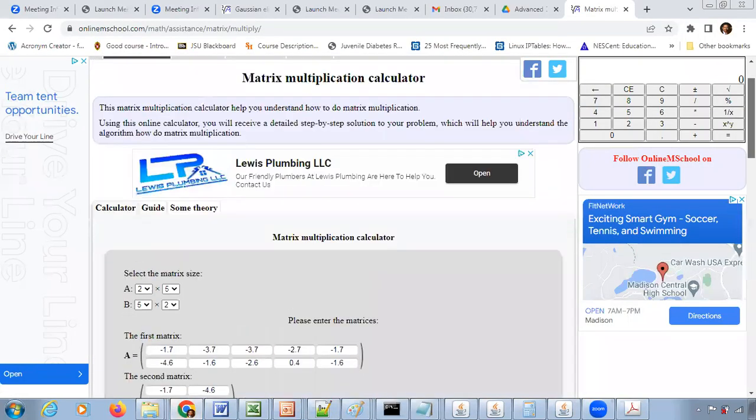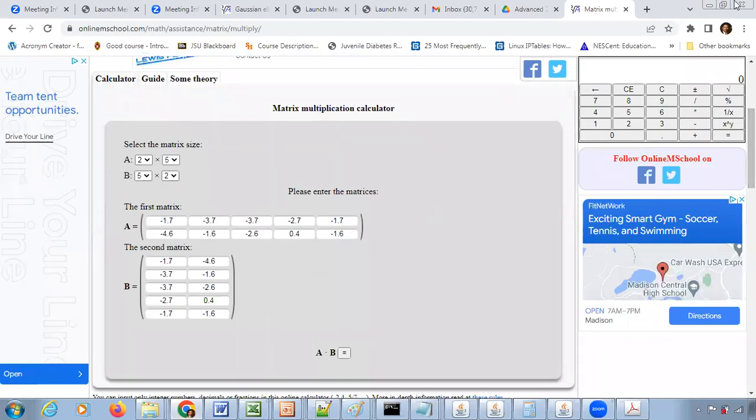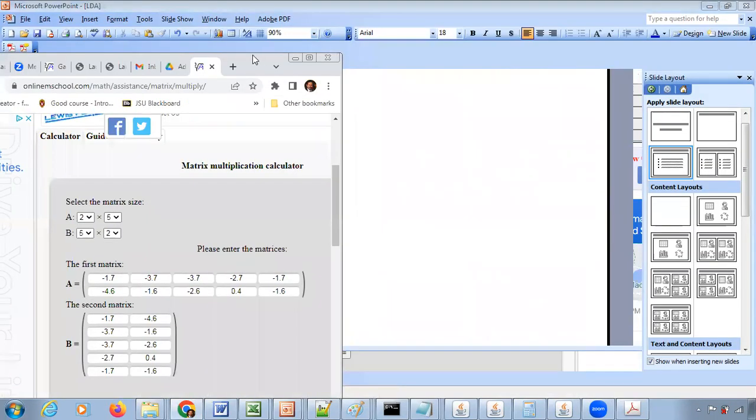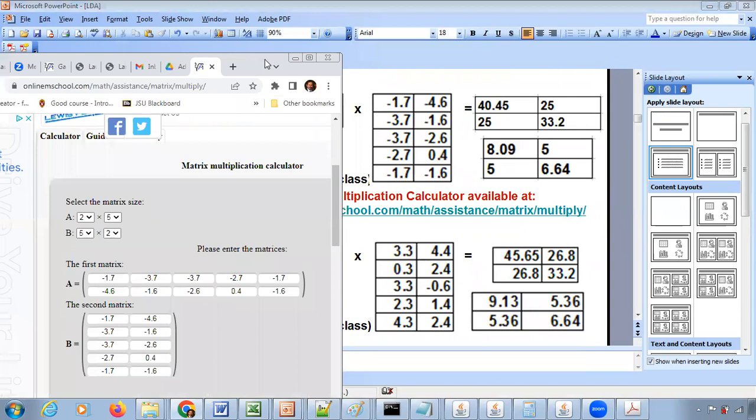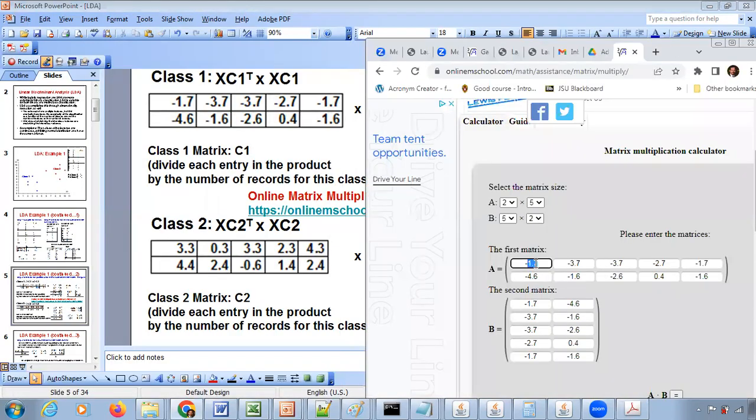So you go back, and since we have the dimensions already set, you just have to correctly replace those values. Make sure you don't make any mistake in that. Make sure the negative values are highlighted and replaced. So this is 3.3, this is 0.3, 3.3, 2.3, and 4.3. This is 4.4, 2.4, negative 0.6, 1.4, and 2.4.